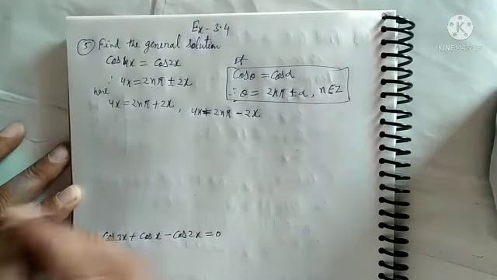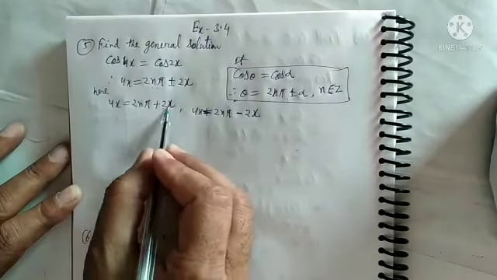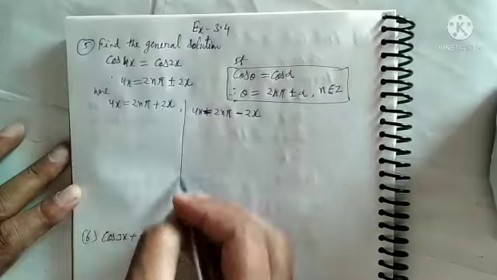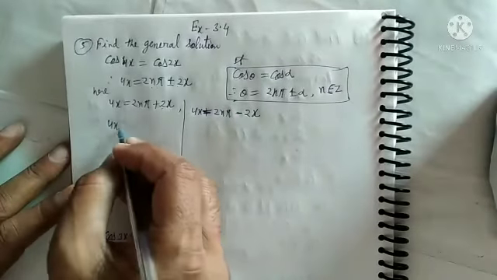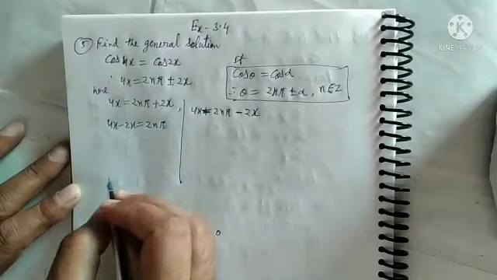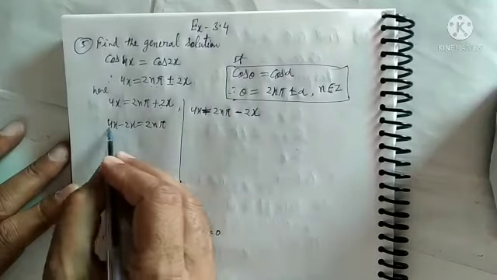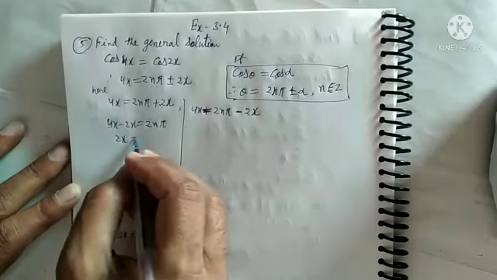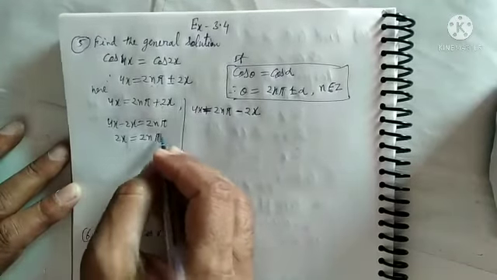Now transfer this 2x to this side in the first case. So 4x minus 2x is equal to 2n pi. Then 4x minus 2x will remain, is equal to 2n pi.